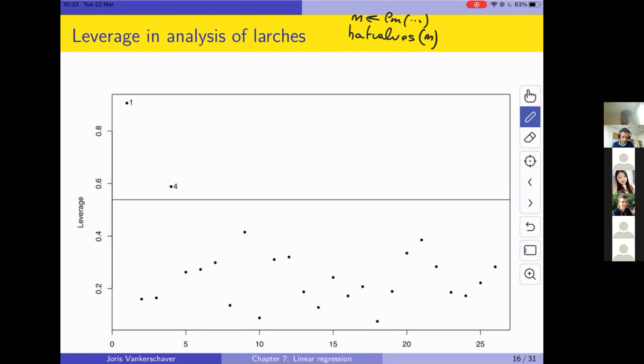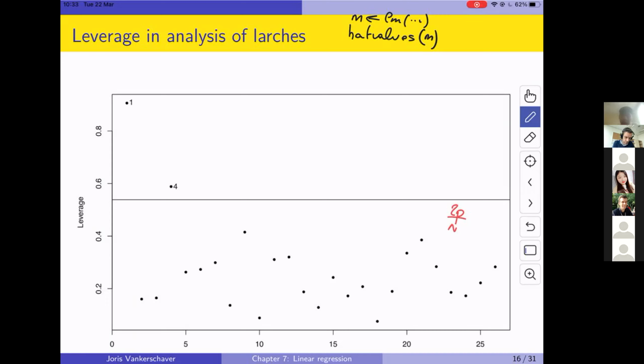And here we see we have the cutoff, 2 times P divided by N. And this is for the largest example. We had 4 predictors plus 1 intercept, so 5 parameters, and we had 27 observations.